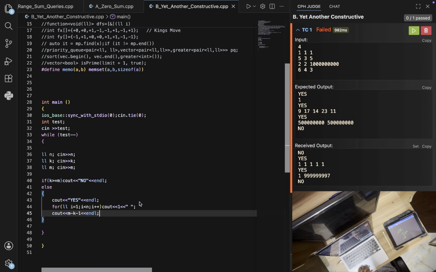First one gave me no suddenly. 1 1 1. If both are equal, 1 2 3 4. Equal is possible.